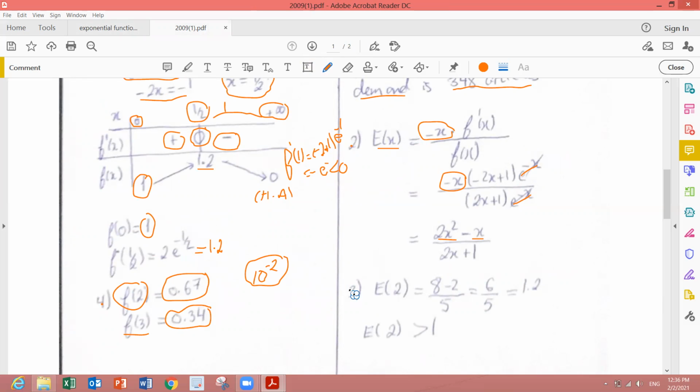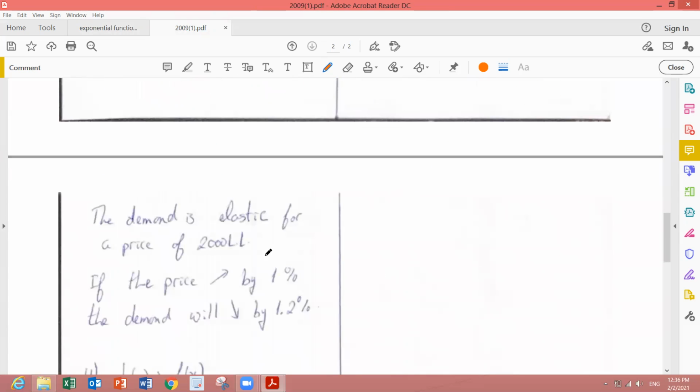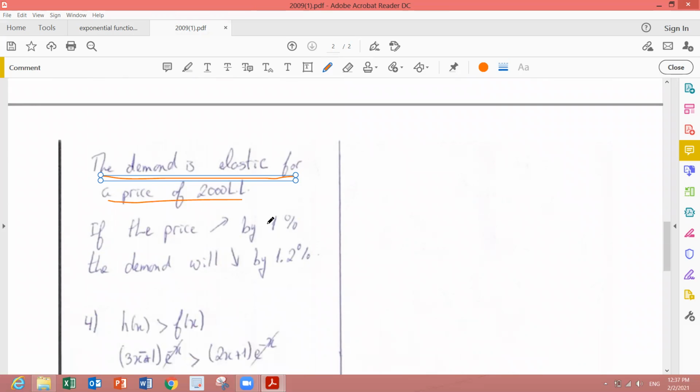So, part 3, E of 2, we replace x by 2. We get 2 squared is 4 times 2 is 8 minus 2 times 2, 4, plus 1, 5. 6 over 5, we get 1.2. 1.2 is greater than 1, so the demand is elastic for a price of 2,000 Lebanese lira.